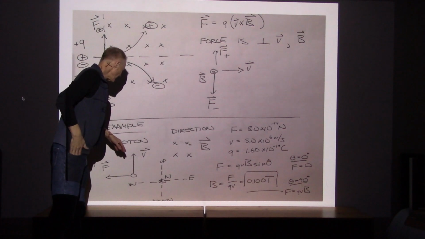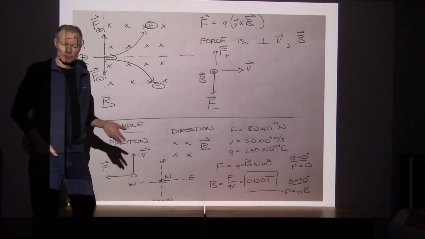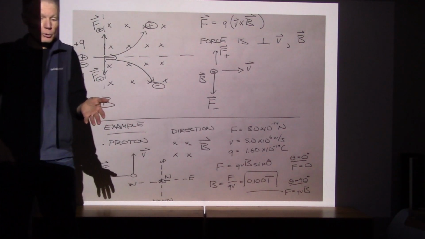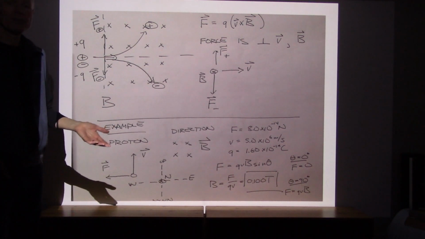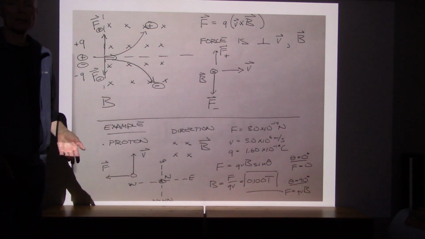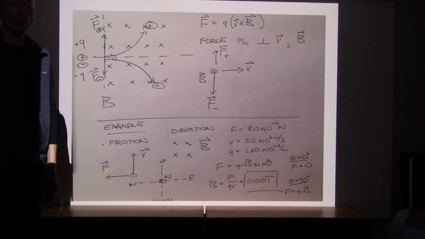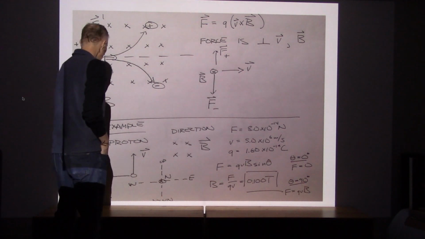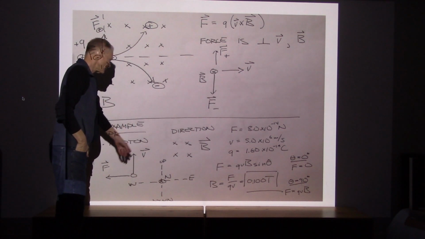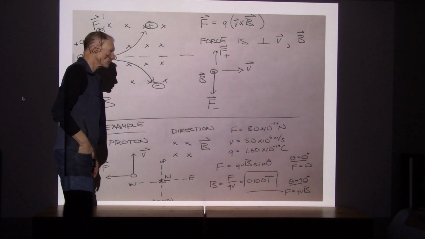And the idea is we should be able to determine, if we send charges through a magnetic field and we know that it's a bunch of positive charges, we should be able to figure out which direction the magnetic field is pointing in. All right, and so that's what's going on with this example right here.